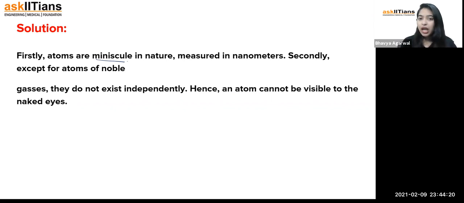Since atoms are very, very small, our eyes cannot identify them. These atoms are measured in nanometers, which is even smaller than the wavelength of light. So our eyes cannot see that.